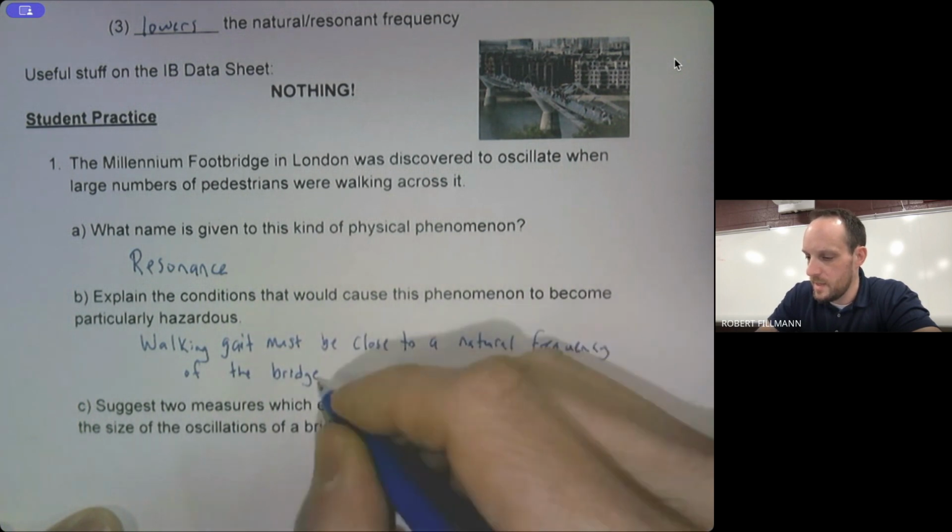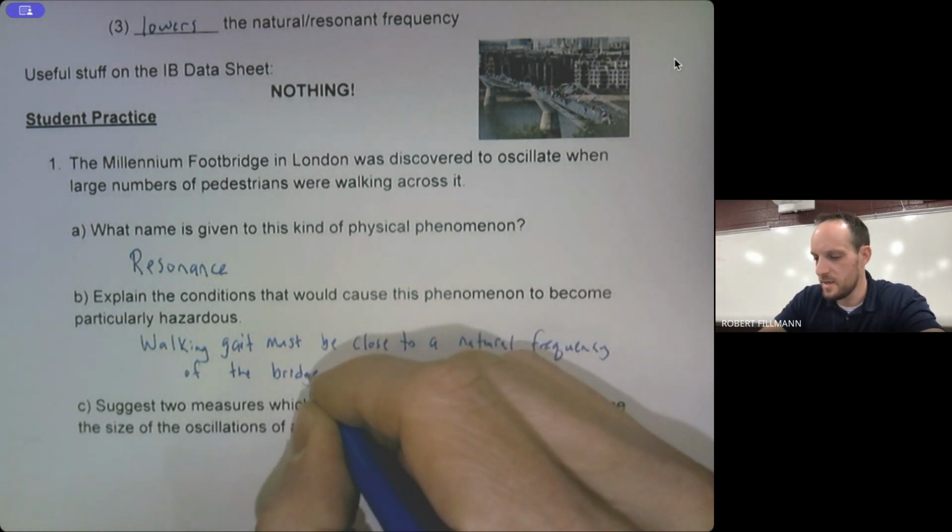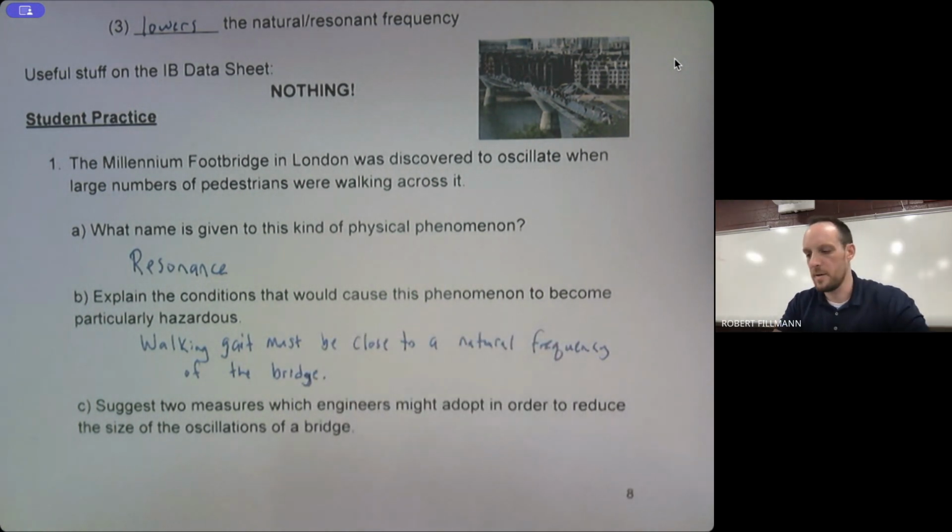And so what's happening is, even though the driving forces are small, they're very close to the natural frequency of the bridge, and so the amplitude is growing. Whenever they designed this, they didn't think about how the bridge would want to vibrate in terms of an oscillatory system or what harmonics it might have, and they found out accidentally that that matched pretty well with the way people walked on it.